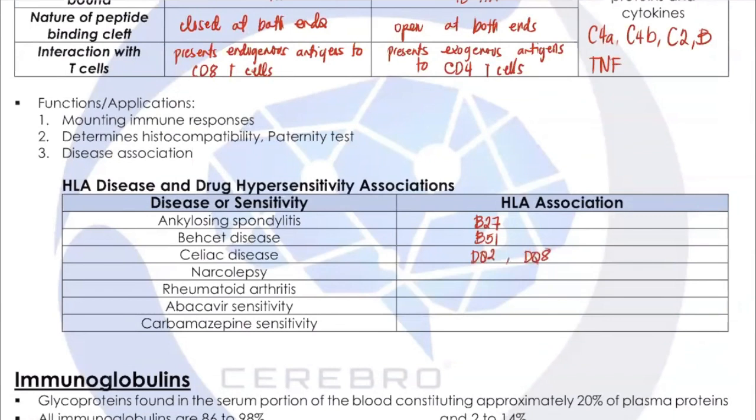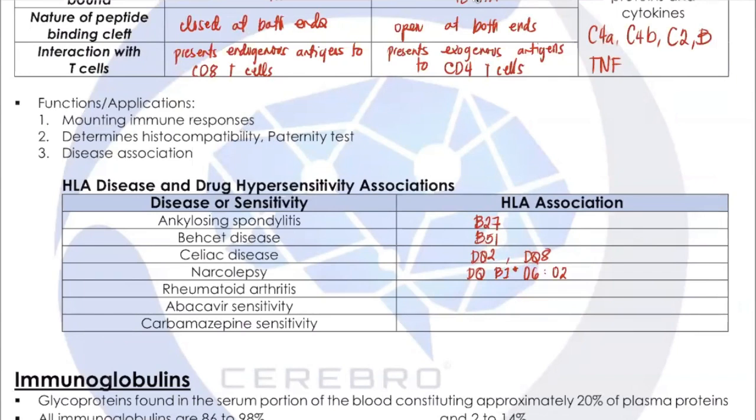Narcolepsy, specific yung narcolepsy, DQB1*06:02. So kumbaga this is the specific, ito na yung pinaka-specific na location talaga sa chromosome 6 kung saan nakikita yung gene that could code for narcolepsy.